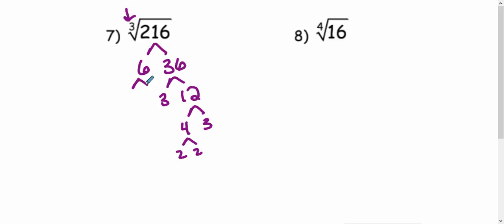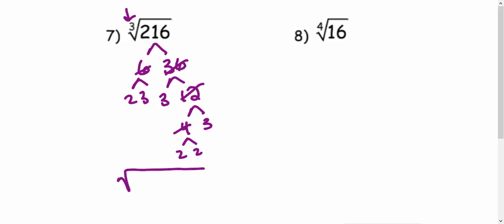Again, most of these you could choose lots of different numbers. You're just trying to get down to those prime factors. So at the end, on a big number like this, it might be helpful to take these prime numbers and make sure they really multiply back to make that original number inside our radical. So we have 2 times 3 times 3 times 2 times 2 times 3. Make sure when you multiply all those back out that it makes 216. In this case, it does.